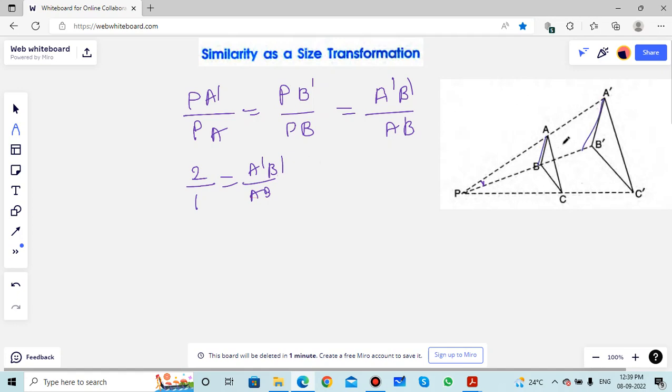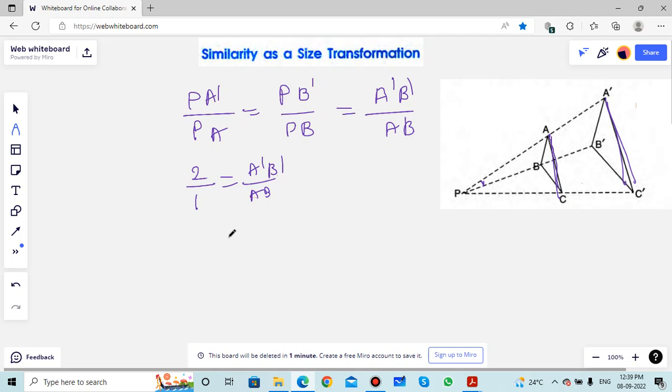Similarly, this is also double of this one, considering this triangle and this triangle, similar triangles. If we consider these two sides, they also will be in the same ratio, 2 is to 1. So can we say that A dash B dash upon AB is 2 is to 1?